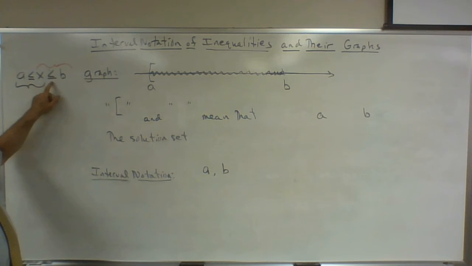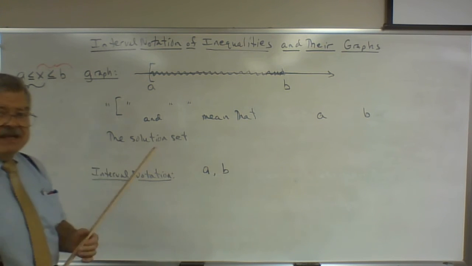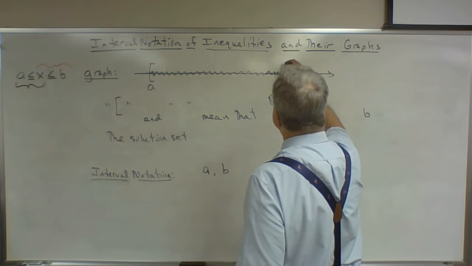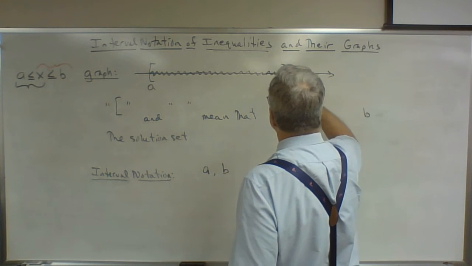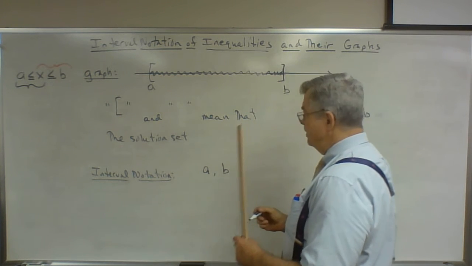And this does say x is less than or equal to b, right? So x can be equal to b, and I'll signify that by putting a square brace right above the real number b.